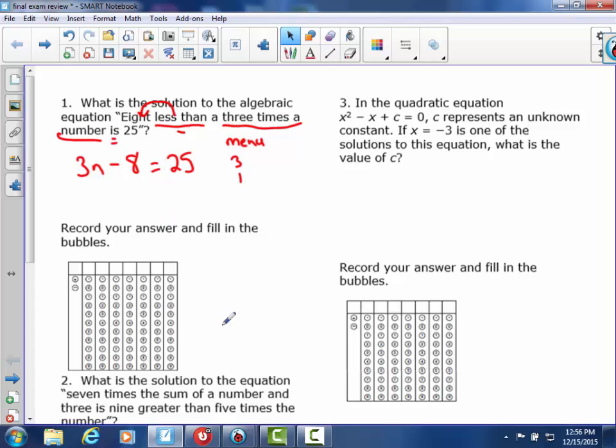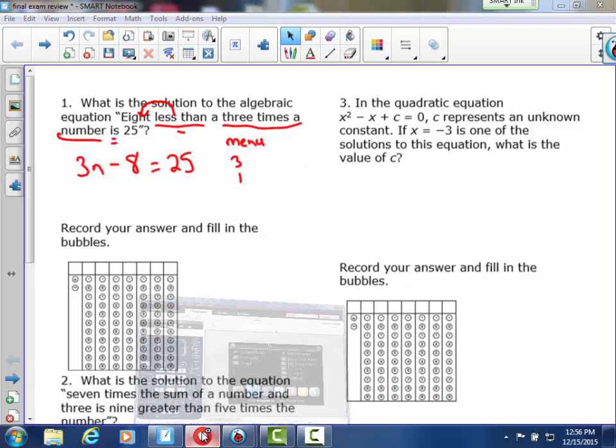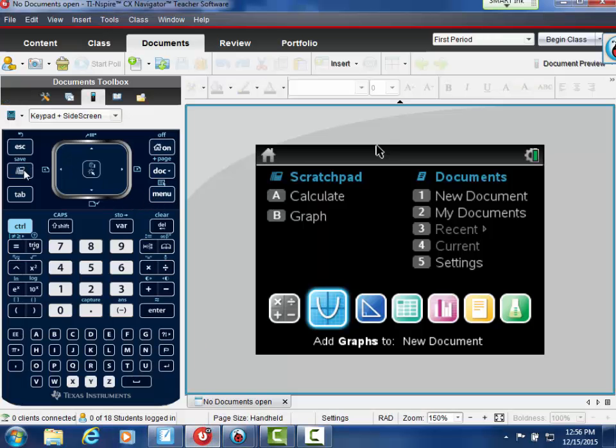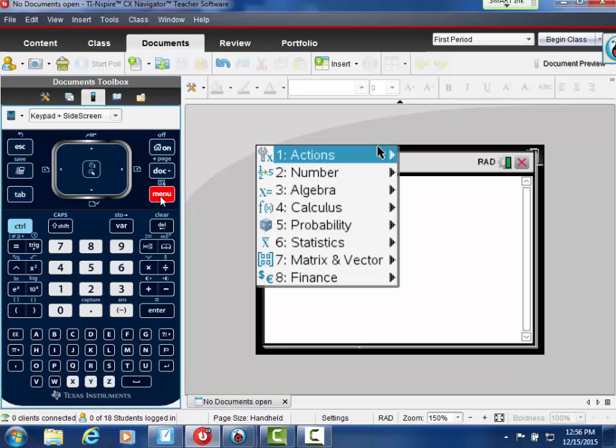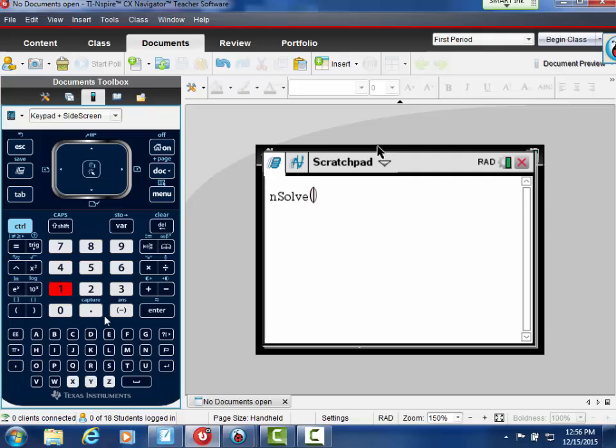So I'm going to show you on the calculator real quick, and then let you decide which you like better. You go into Scratchpad, press menu, choose number 3, then number 1, then type your equation. In this case that was 3n minus 8 equals 25, and then type comma, and then our variable was n, so we press n.